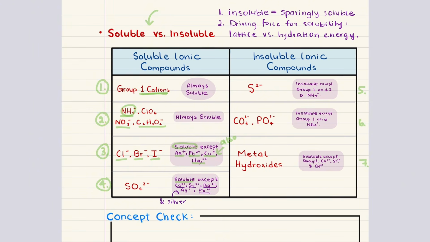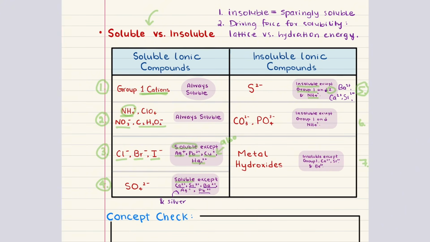Rule number 5, metal oxides are almost always insoluble, with the important exception of those formed with alkali metals, ammonium, calcium, strontium, and barium. Many of these oxides hydrolyze to form soluble hydroxides when they're placed in water.